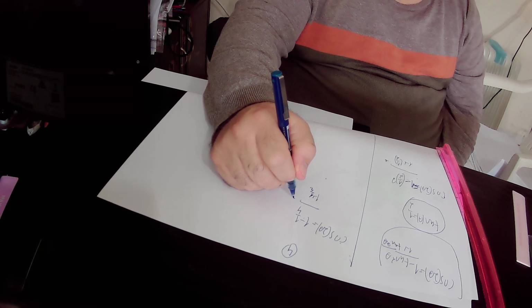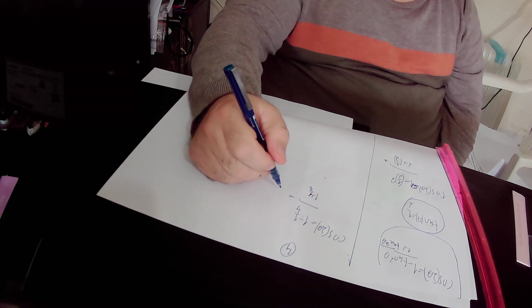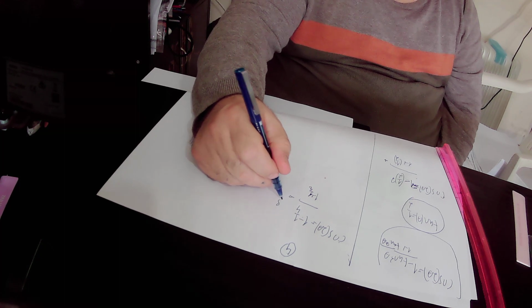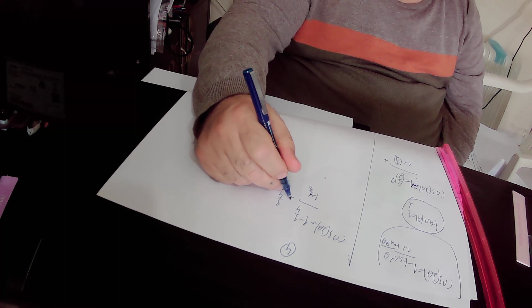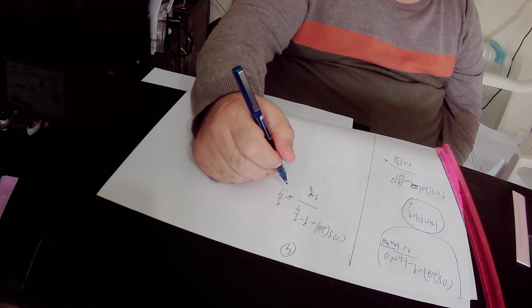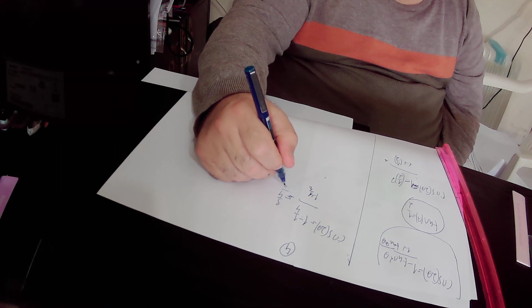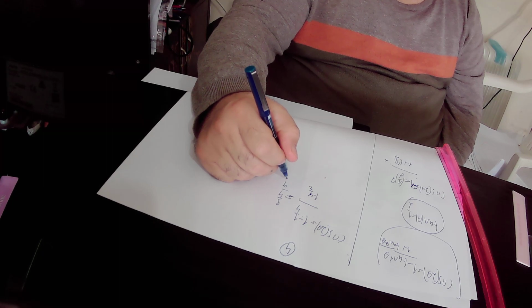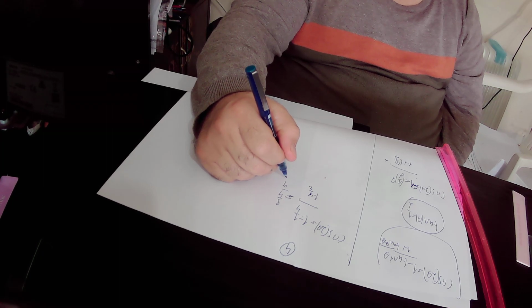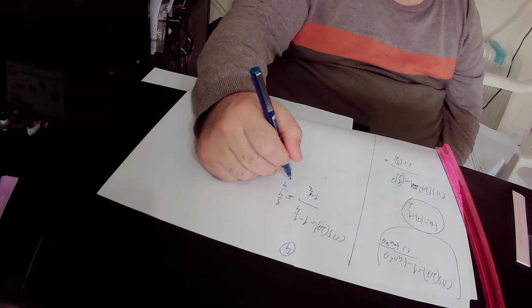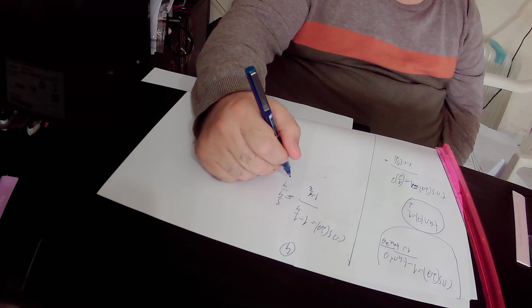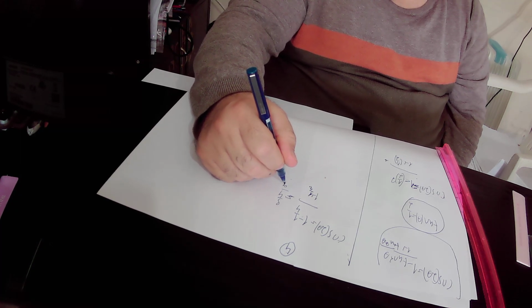So here 1 minus 1/4 is 3/4, and 1 plus 1/4 is 4 quarters plus 1 quarter, that is 5/4.